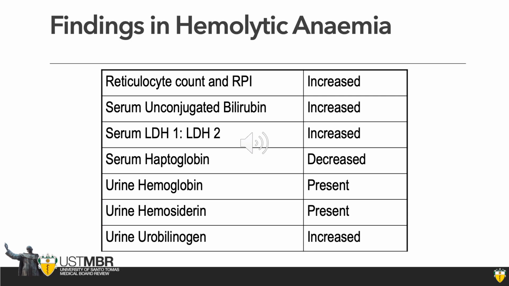Then we have high lactate dehydrogenase enzyme. Serum haptoglobulin is decreased. There's presence of hemosiderin or hemoglobin molecule in the urine.